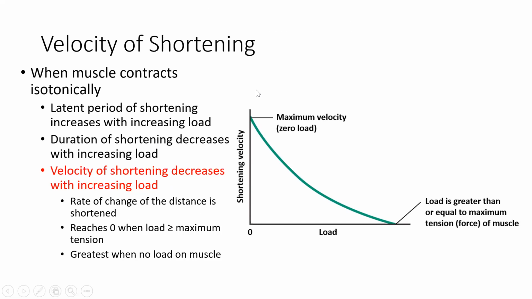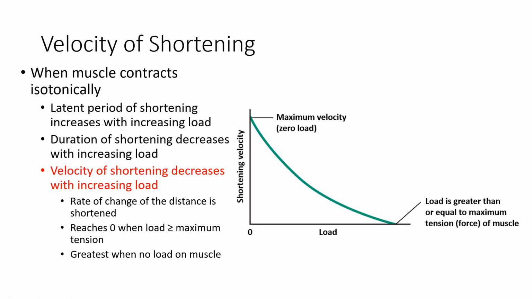And if we think about that again, practically that makes sense, right? The latent period we said was the time for the warming up of the machinery to produce those cross-bridge cycles and allow force generation. And so as the load gets heavier, the amount of time that it takes for that warming up to happen is also going to increase. So the latent period is going to increase as the load itself increases.